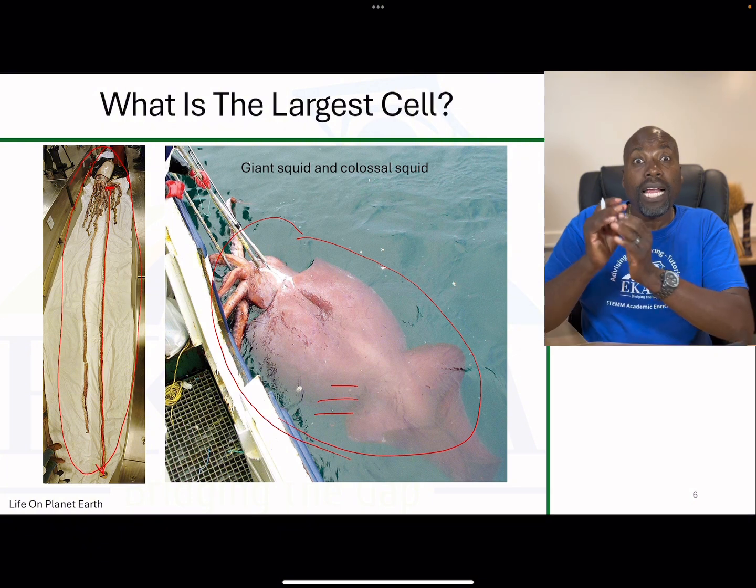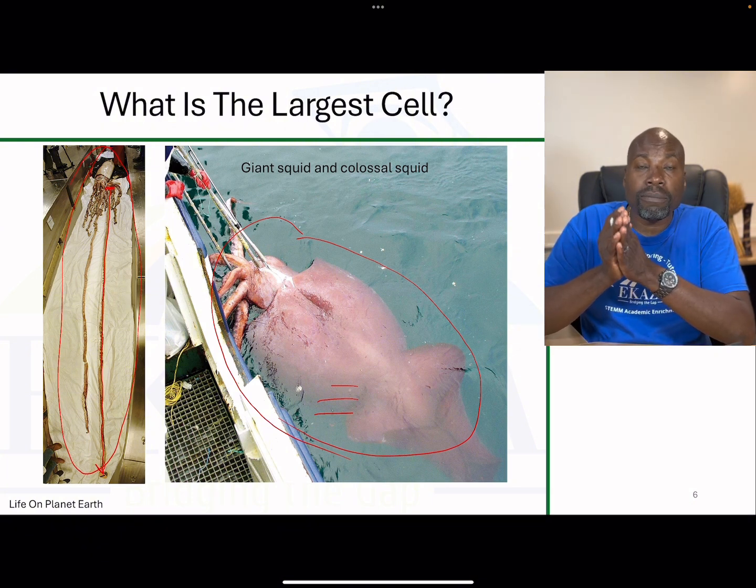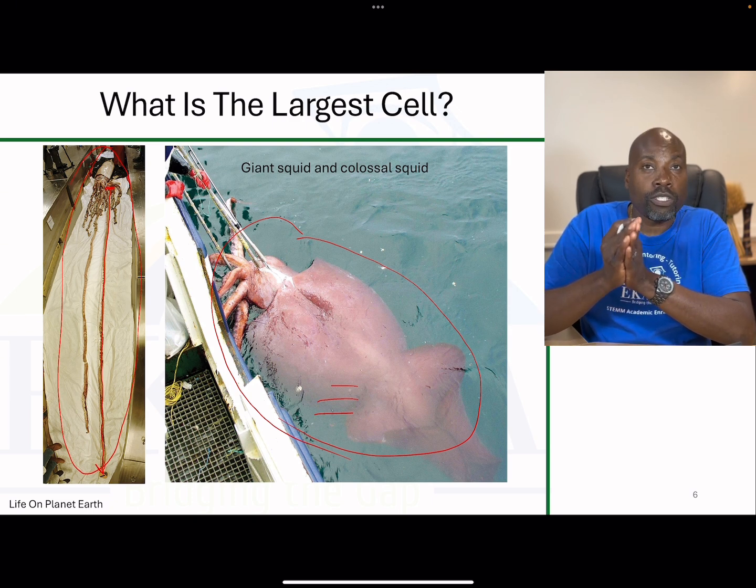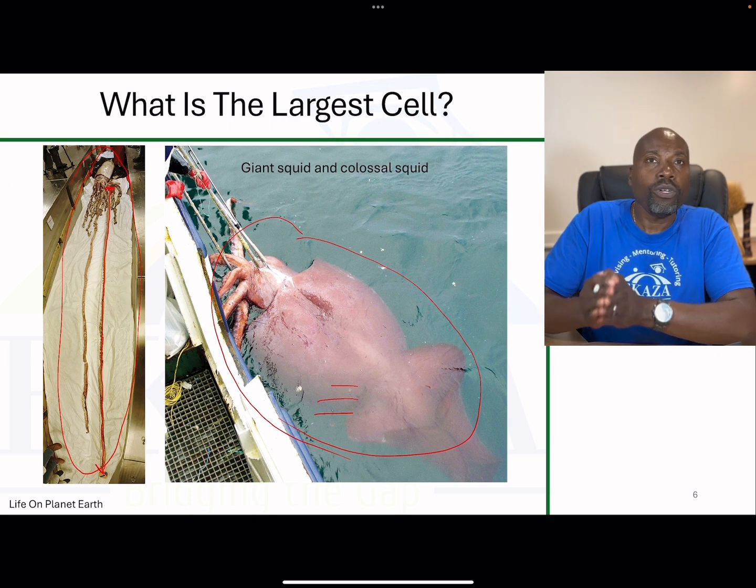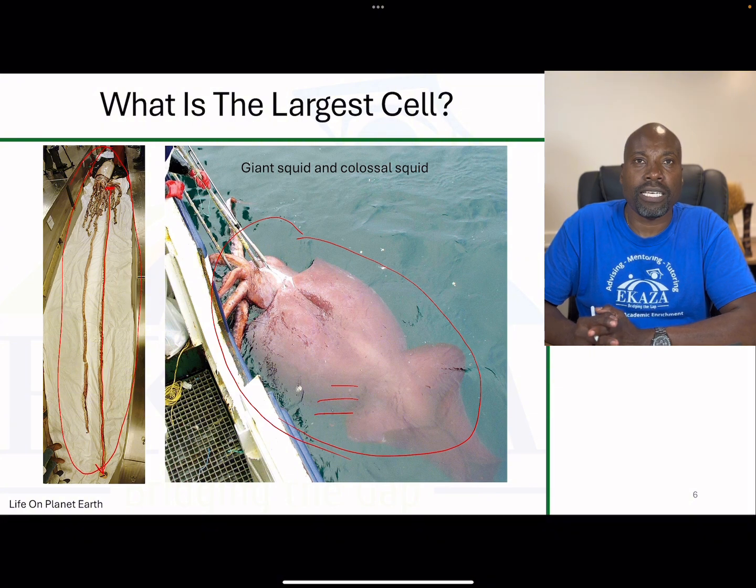Now, while you have some cells that can be large, including the cells in the giant squid and the colossal squid, most cells are small. When you compare, for instance, the cells in a human and the cells in an elephant and the cells in a mouse, in terms of size, they don't vary tremendously.